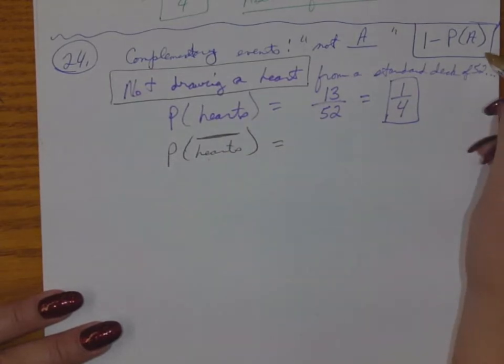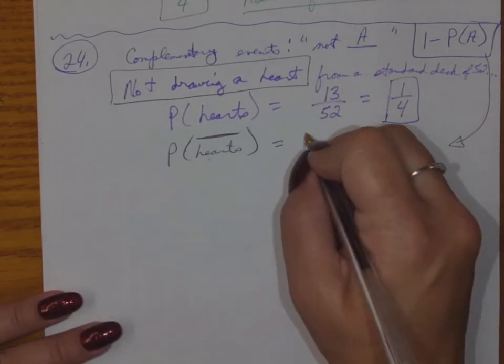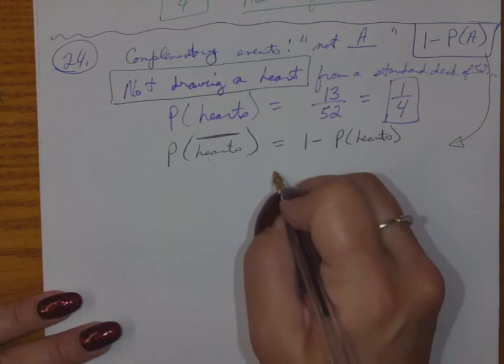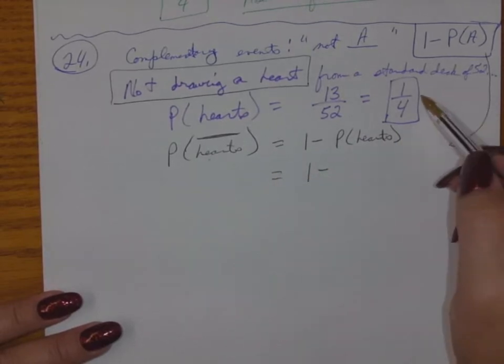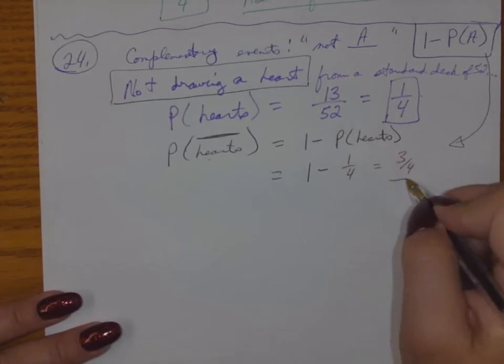In that case, we're going to say 1 minus the probability of hearts. We know that the probability of hearts was 1/4, right? So 1 minus 1 out of 4 is 3/4.